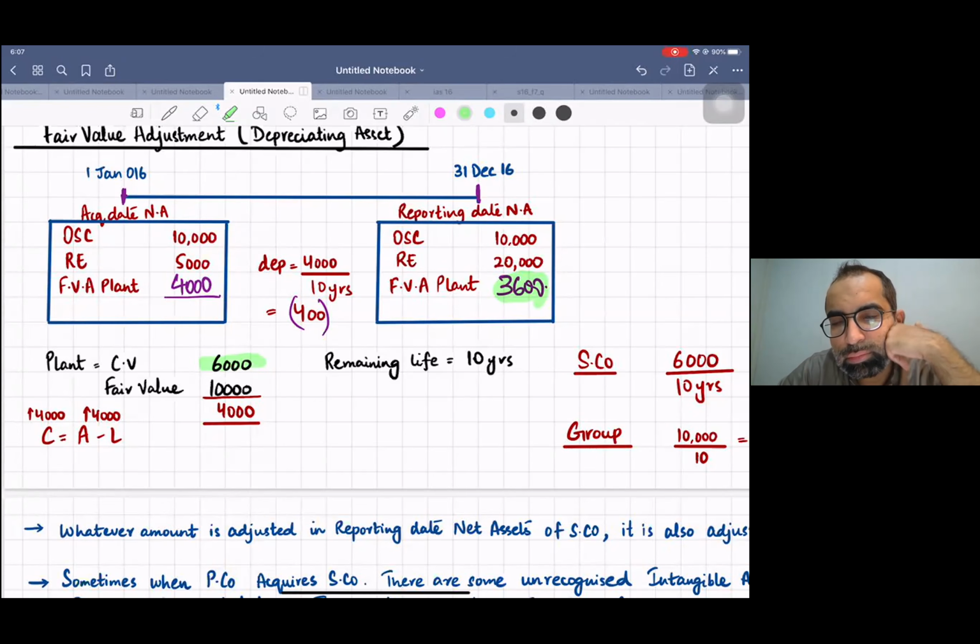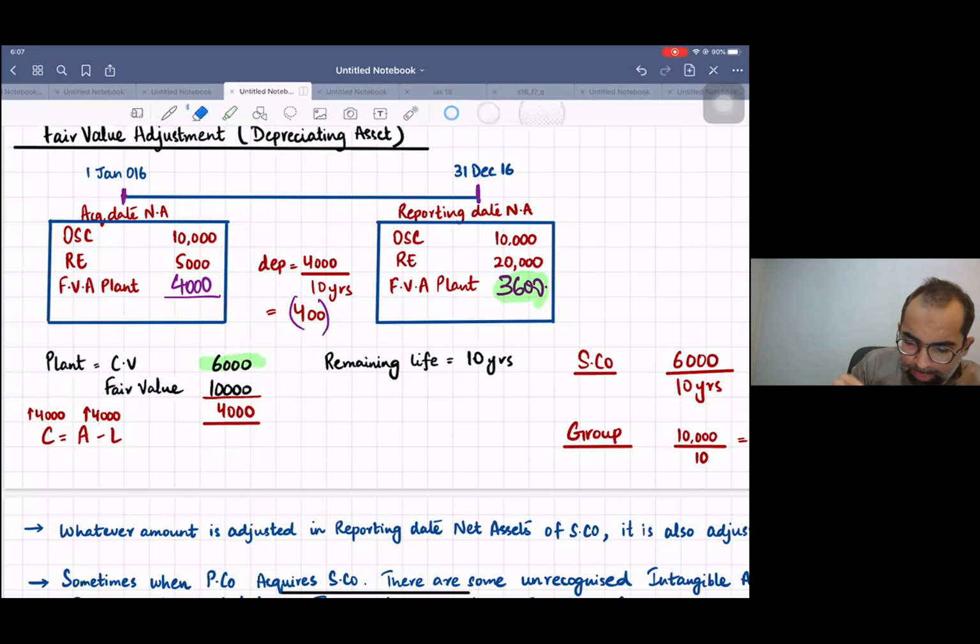Okay. Now one more thing. Some students get confused with the downward fair value adjustment. Listen, look here. This was an upward fair value adjustment. What if the same question comes with a downward adjustment? Look here, let me change the number.